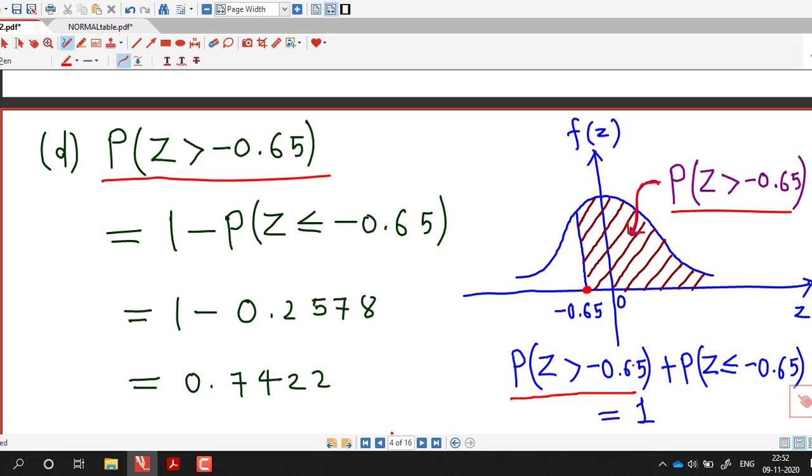That area can be found by subtracting the area to the left of minus 0.65 from the total area, which is 1. The area to the left of minus 0.65 is the probability that Z is less than or equal to minus 0.65. So in the table we concentrate on minus 0.65.